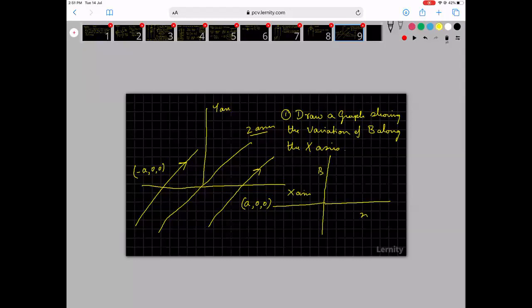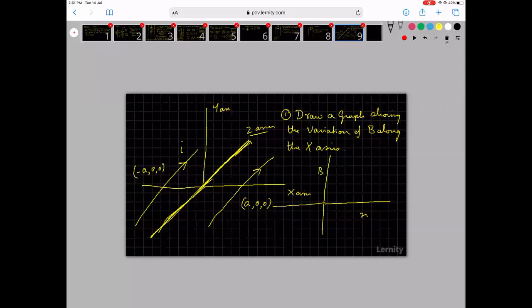Two infinitely long parallel wires carrying a current I pass through the points minus a, 0, 0 and a, 0, 0, parallel to the z axis.